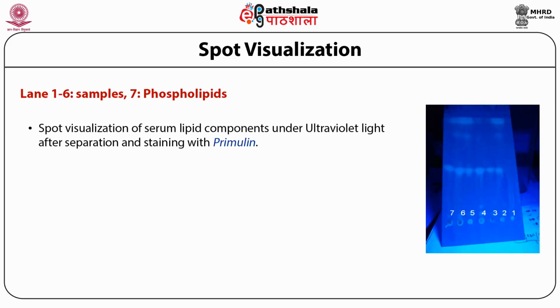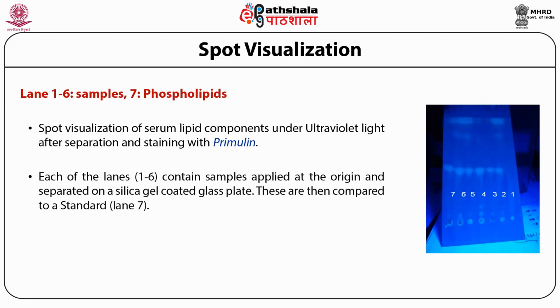This particular visualization of the lipid components that had been extracted from the serum or the membrane was done after staining with primulene. After staining the plate with primulene, ultraviolet light was used to visualize it, and you can see these spots. Lanes 1 through 6 are samples, and the 7th lane had a standard loaded so that you could compare your spots and determine what each of the spots was.